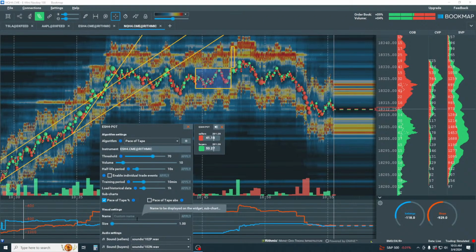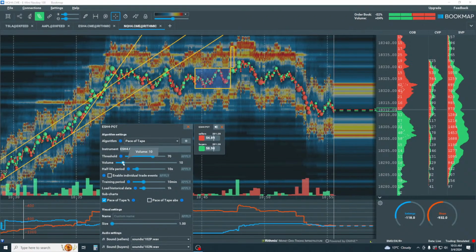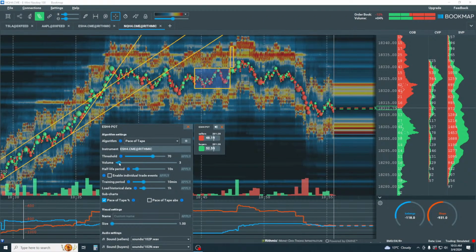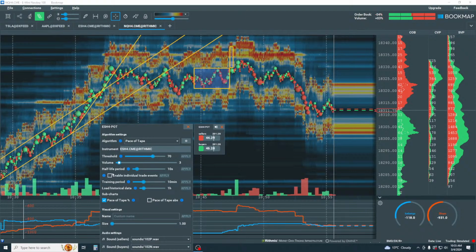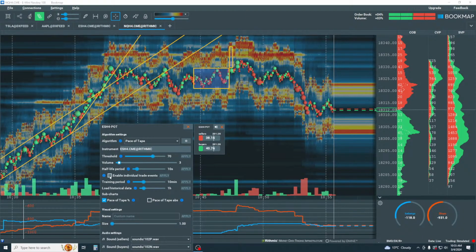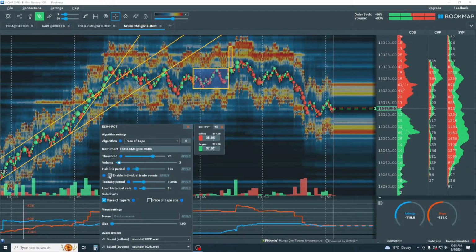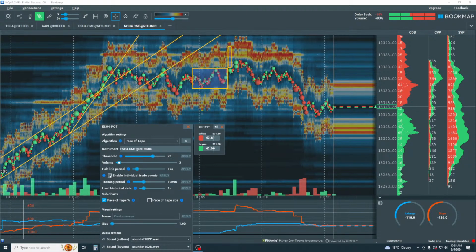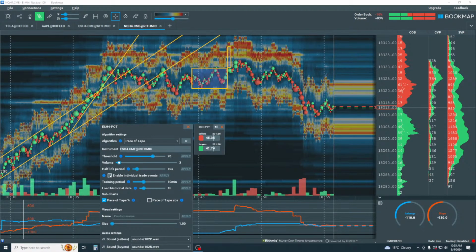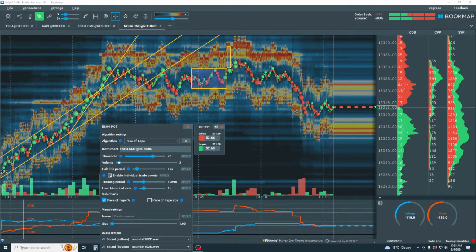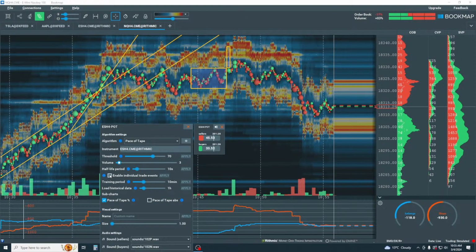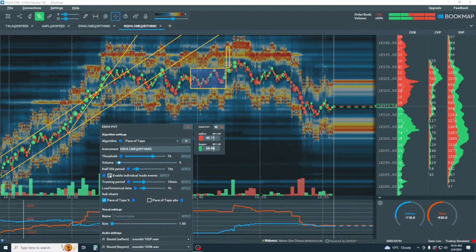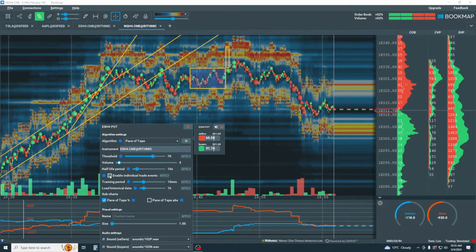Okay, so we're going to listen to our pace of tape in here as well. There's one nice thing here in the pace of tape: right now it's under reconstructed tape, meaning if an order goes through for, let's say, 100, it's one order, right?